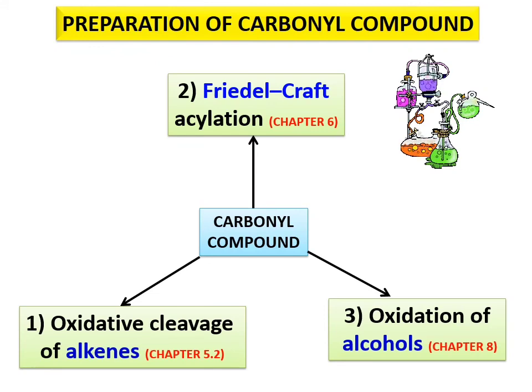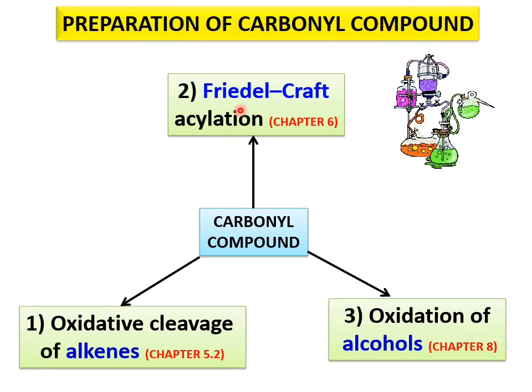For example, if you want to produce a carbonyl compound, you can prepare it from oxidative cleavage of alkene, which is from ozonolysis or by using potassium permanganate. It will produce ketone. So this one we already learned in chapter 5.2.